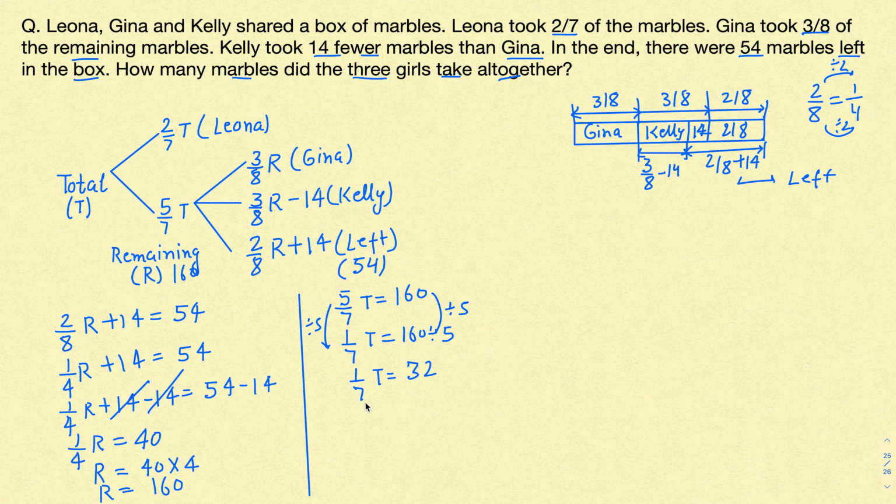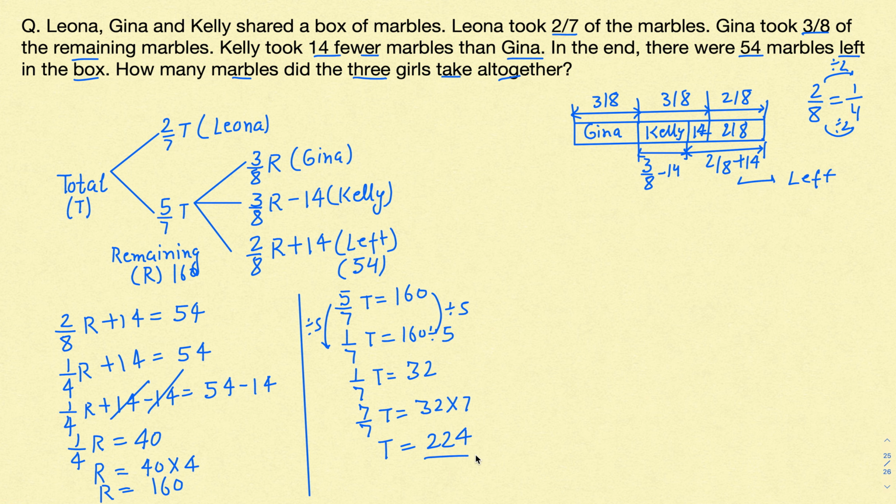Then if 1 by 7 of the total is 32, how much will be 7 by 7 of the total? It will be 32 times 7. Just multiply both sides by 7. That will give you the total, 224. So the total number of marbles in the box at first were 224 marbles.